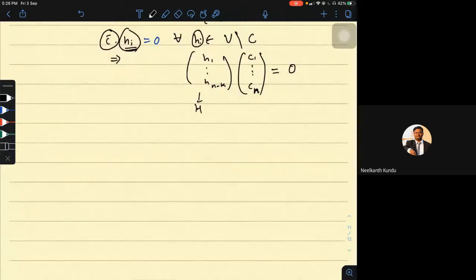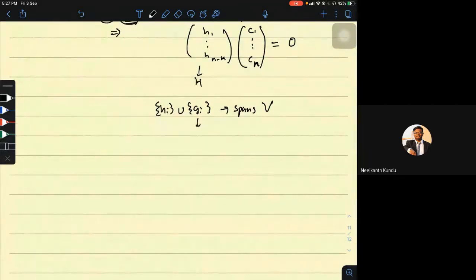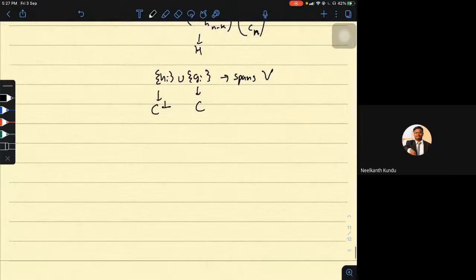Effectively, H union G spans the vector space V, G spans the code space C, and H spans the dual space C perp. So what this tells us is that using H, we can determine our errors.